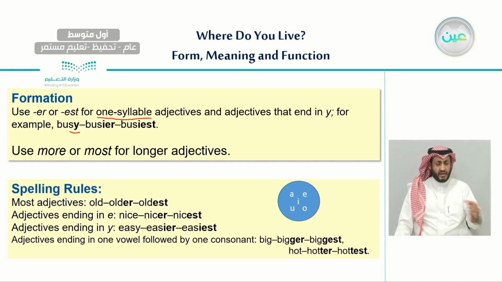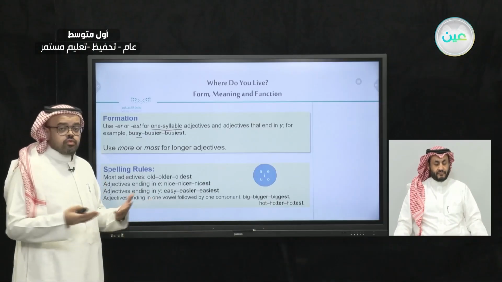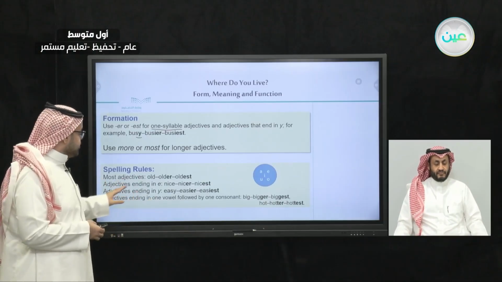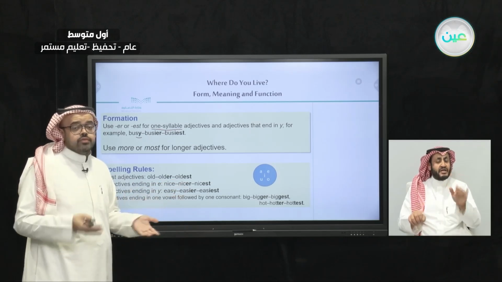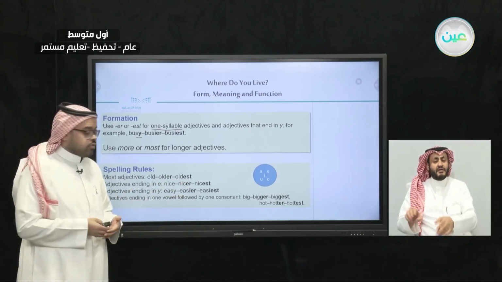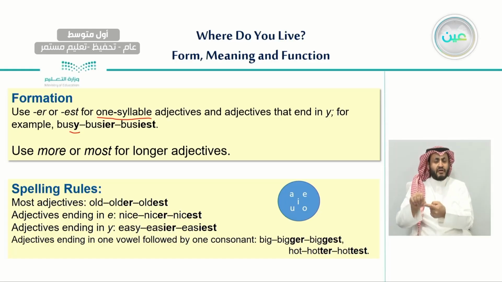But as I said, we have some exceptions in some adjectives. For example, for those adjectives that end with e, we only add r. We don't have to double the letter e. For example, nice, this is an adjective that ends with e. If we want to use it in the comparative form, we would say nicer.